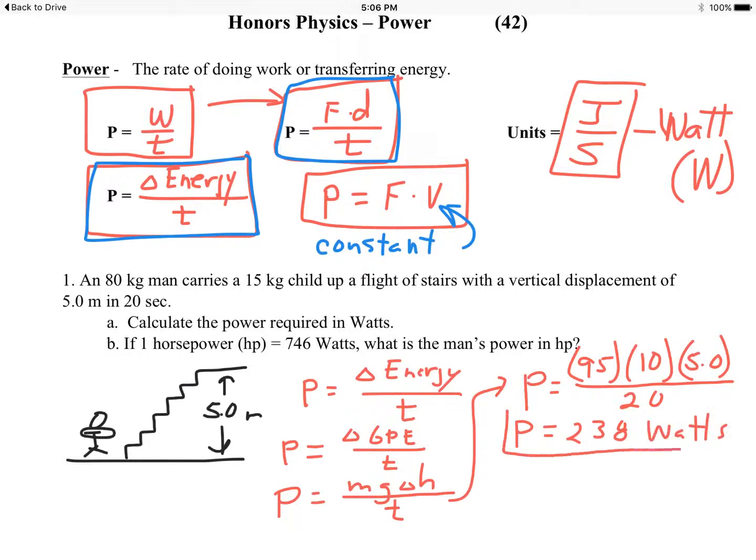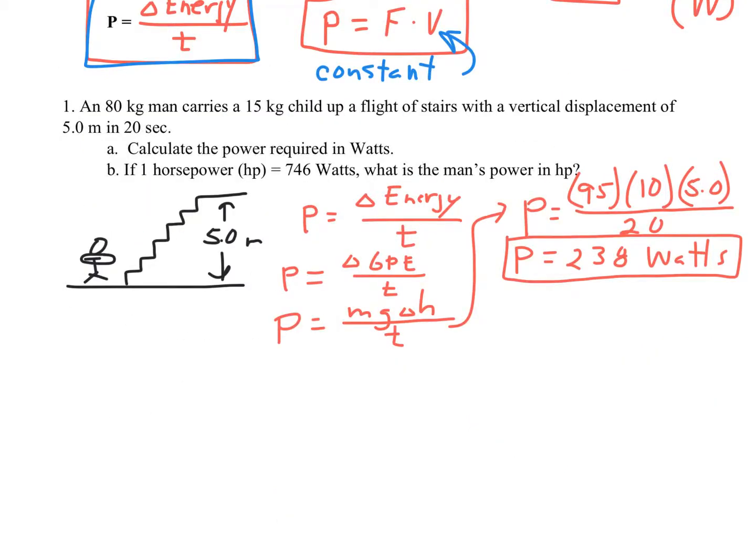That's part A. Part B wants his horsepower, which you may or may not be familiar with. In part B here, it's given that 1 horsepower is 746 watts. So this is just a conversion.